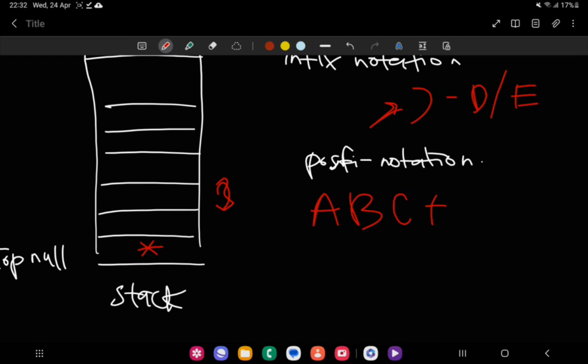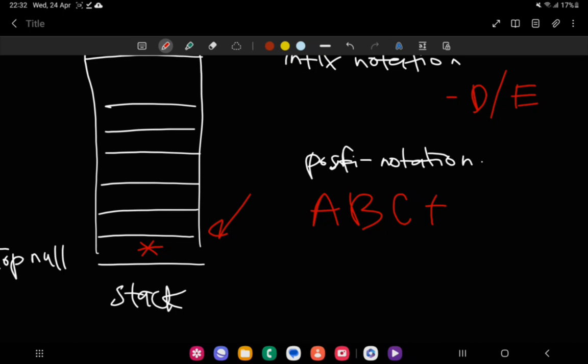Alright, so next we have the minus D, right? The next token is a minus, an operator. The precedence of the operator on top of the stack, multiply, is more than that of minus.